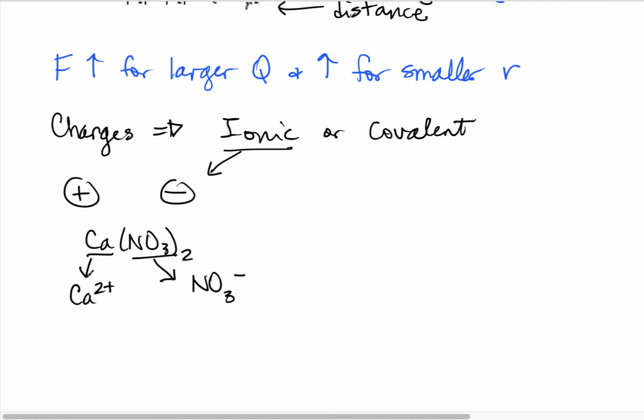And so this has a full 2+ charge on that cation, on that calcium, and this nitrate has a full minus charge on it.